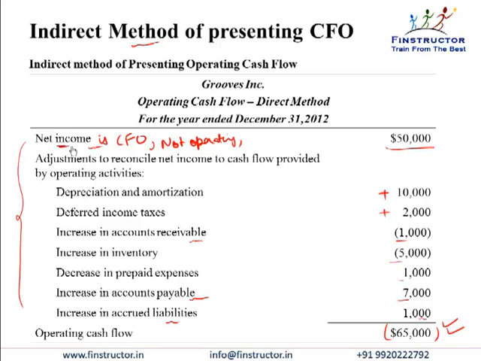Secondly, items that are in the income statement but are not cash, for example depreciation and amortization. And then we adjust for working capital changes, that is changes to current assets and current liabilities.